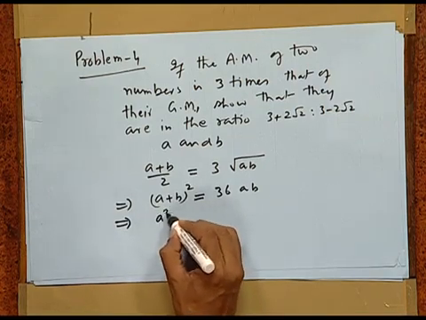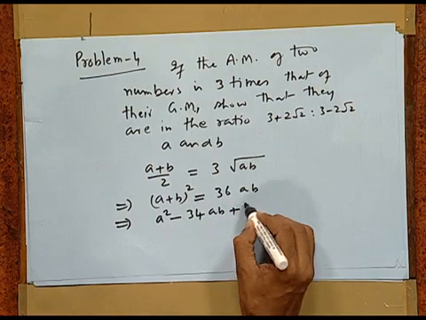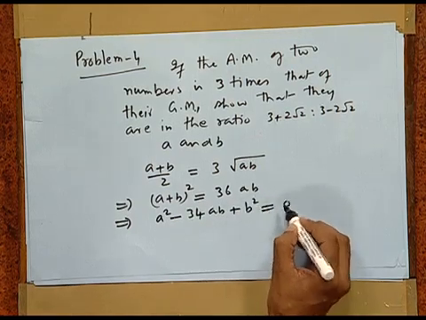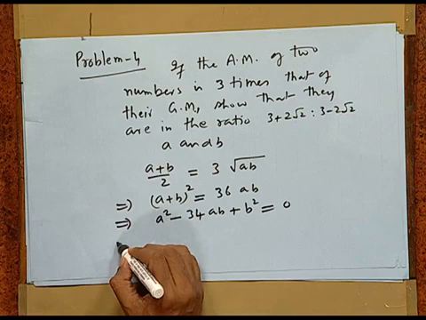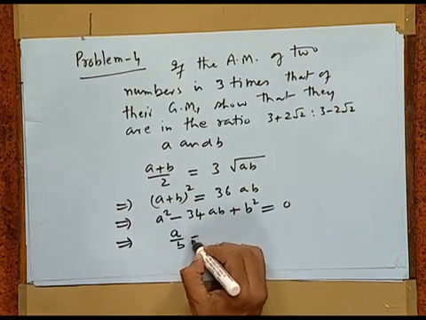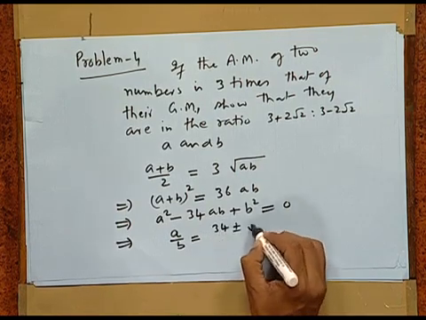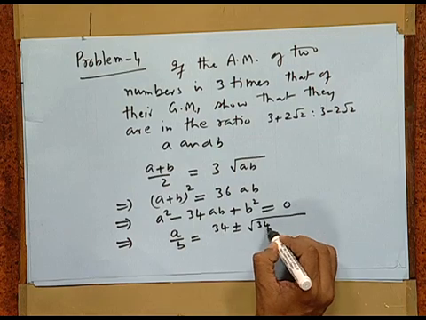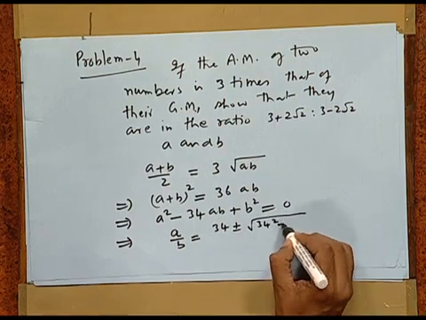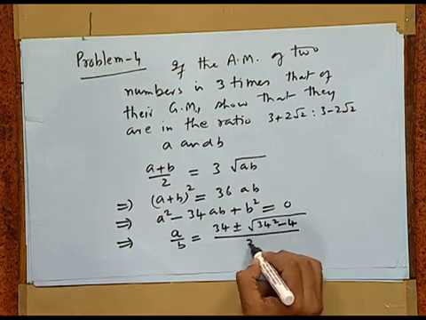which gives A square minus 34 AB plus B square is equal to 0, which gives A upon B is equal to (34 plus minus root of 34 square minus 4) upon 2.